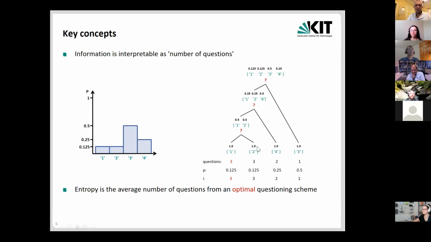And this, for me, establishes a nice link between information theory and some machine learning techniques like growing trees and using decision trees for classification and for prediction. Now, entropy is the uncertainty if we use an optimal questioning tree that we derived from the data themselves.